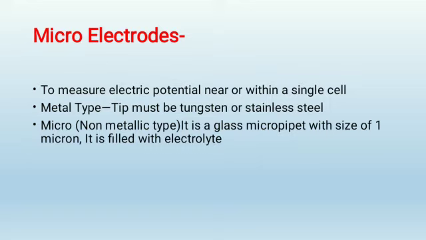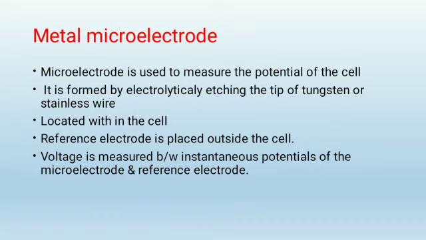When a microelectrode is used to measure the potential of the cell, it is located within the cell, while the reference electrode is situated outside the cell. The metal microelectrodes are formed electrolytically, etching the tip of a fine tungsten or stainless steel wire to a fine point. The metal microelectrodes are coated almost to the microtip with an insulating material.